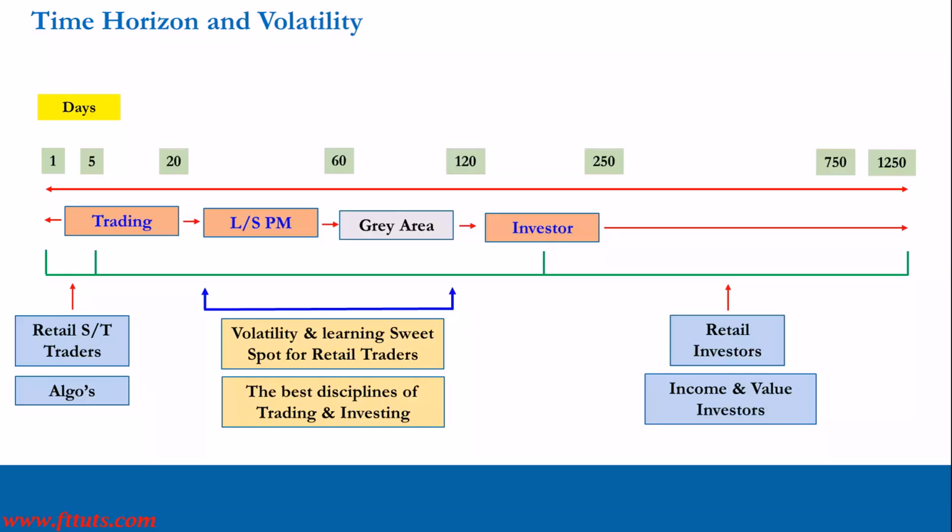Where do professional traders actually sit? Well, professional traders, the vast majority, are sitting between the 20 and 60 day time horizon. So we are 20 to 60 day long short portfolio managers. That's what modern traders are.